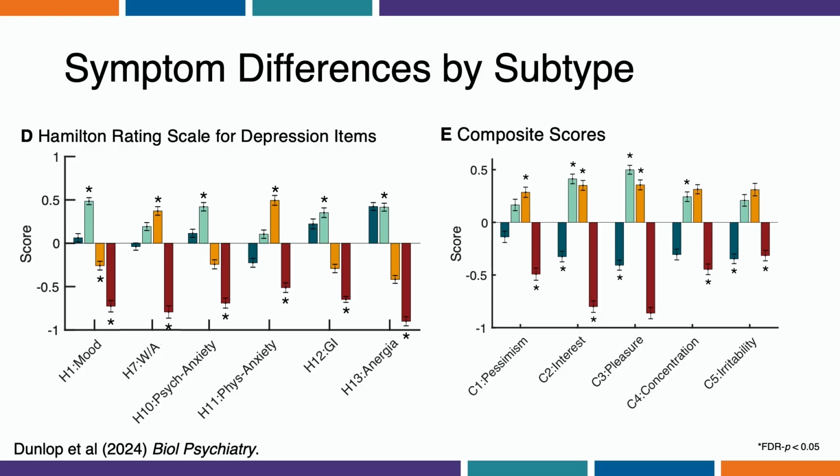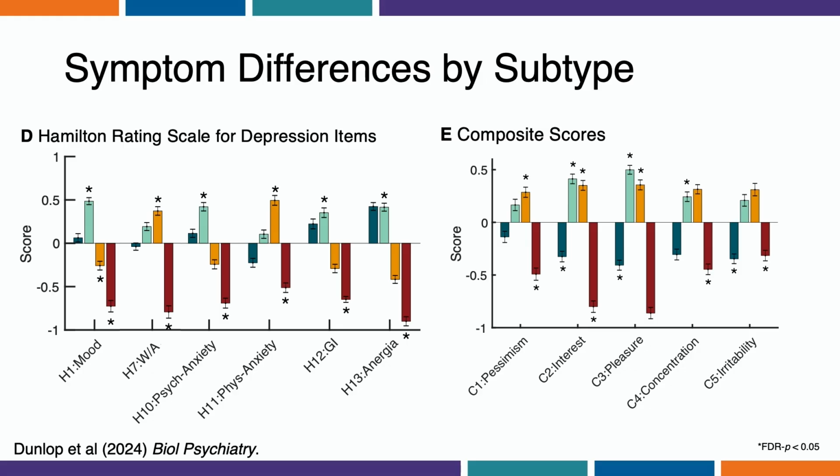So what did these dimensions look like in terms of clinical differences? There were a number of clinical differences, and I'll just walk you through some of the trends. The first trend was that subtypes 1 and 2, depicted in navy and a lighter blue, had higher mood and somatic symptoms predominantly. So increased self-reported low mood, as well as GI symptoms and fatigue.